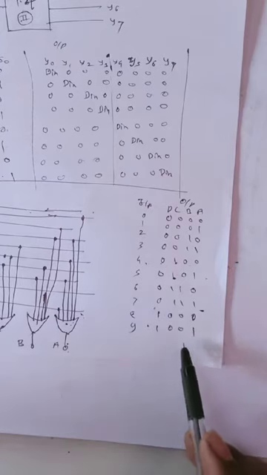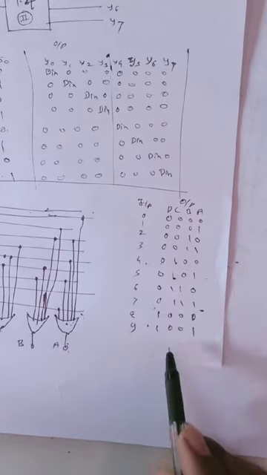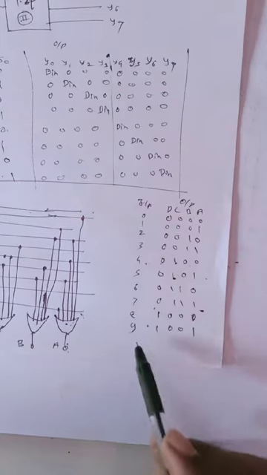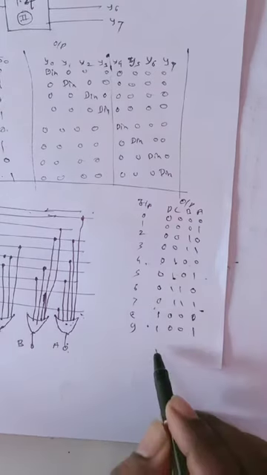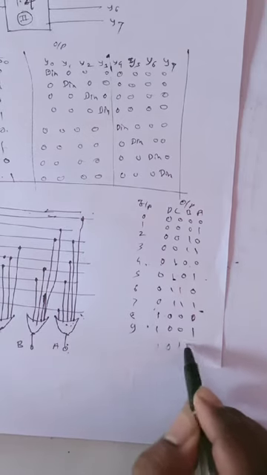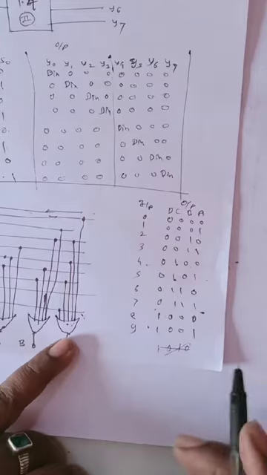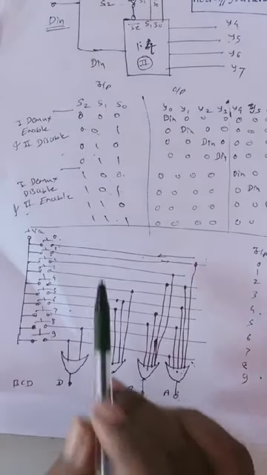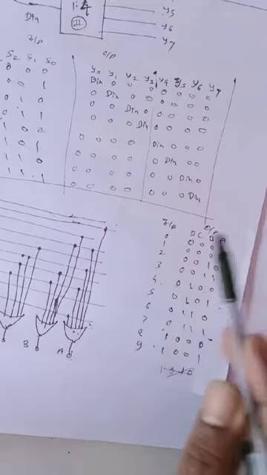It is BCD, binary coded decimal, and only 0 to 9 equivalents are considered in BCD. 1010, which is equivalent to 10, is an invalid code in BCD. So the drawback is if we press more than one key, we get an output code which is not a valid code.